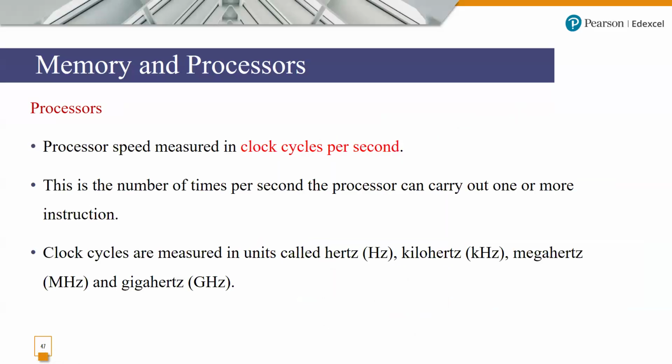Next one, clock cycles per second. That means processor speed is measured in clock cycles per second. That means the number of times per second that the processor carries out one or more instructions. We measure it in hertz, and it can be kilohertz, megahertz, gigahertz also.